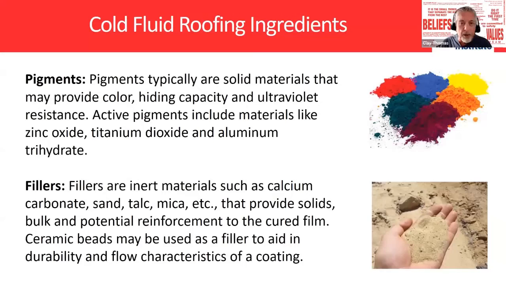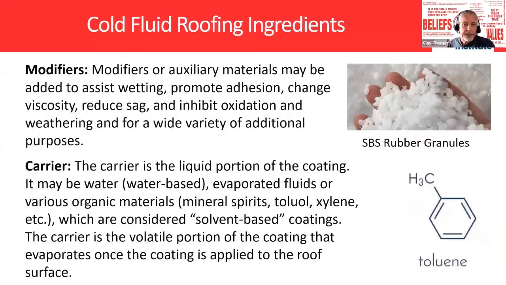Modifiers are other materials added to assist things like wetting or promote adhesion. We talked about wetting. You guys that took the soldering class with me know wetting from when we soldered. We were wetting the material, and it was the flowability of it. To promote adhesion, change the viscosity. We talked about viscosity, and that's how something flows, whether or not it flows. Oil has viscosity.